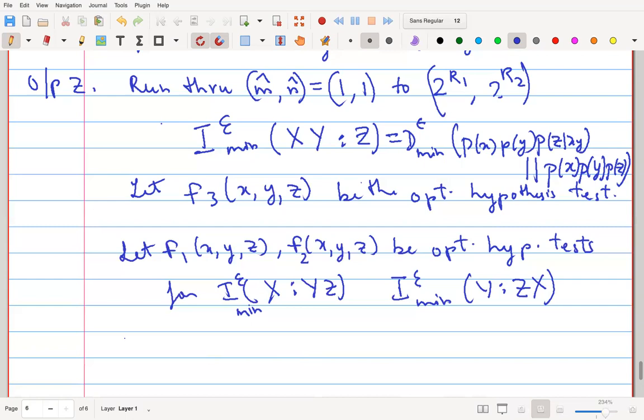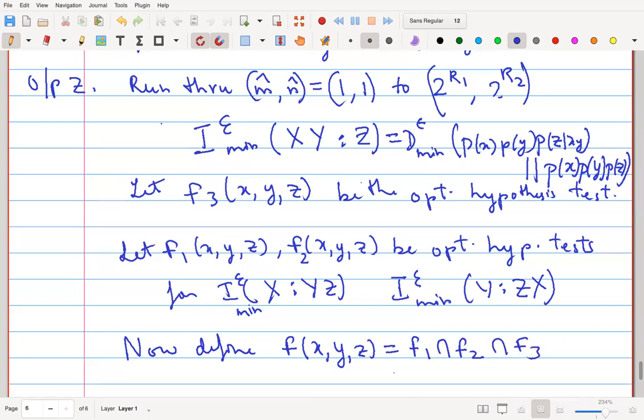So now we'll have to define the strategy of decoding for Charlie. Now define a new hypothesis test that I'm going to call F of XYZ, which in suggestive notation I can call the intersection of these three hypothesis tests.